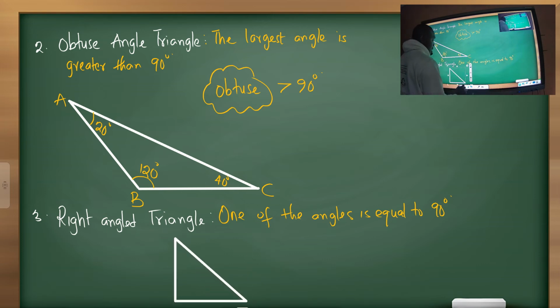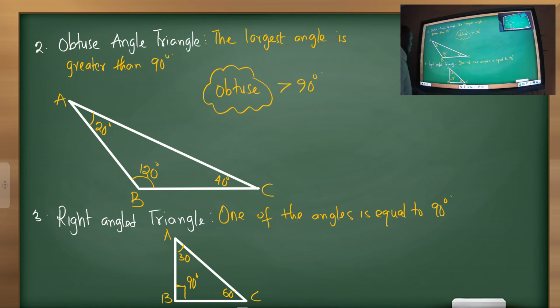I'm going to use yellow to show that angle. When we see that square-like thing there, it means that angle is 90 degrees. So we have A, B, C. I could then have this be 30 and this be 60. Everything must give me 180 degrees. So we call that a right angle triangle.